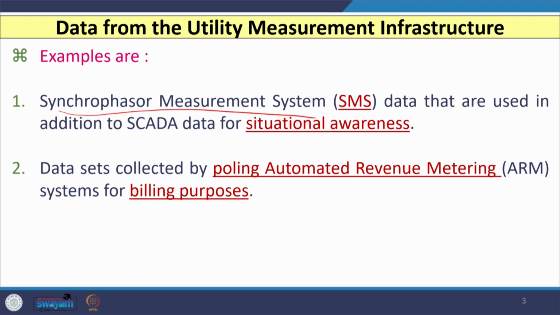The second group of data is from the automated revenue metering systems. These systems are widely used for billing purposes, and such meters are installed by several utilities at various locations, so there is no need to send a lineman to capture the data for billing. Instead, the utility installs several meters, which we can call smart meters, at several locations.